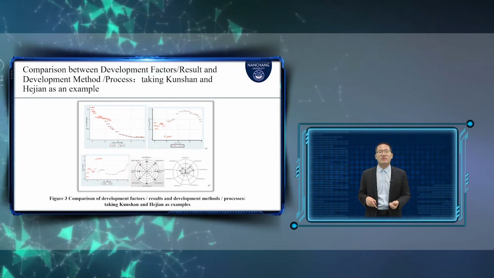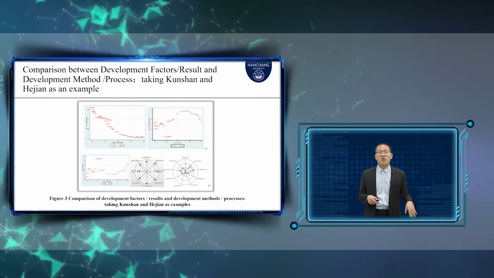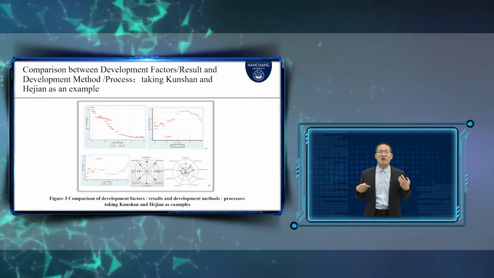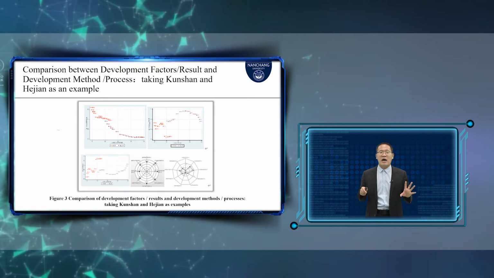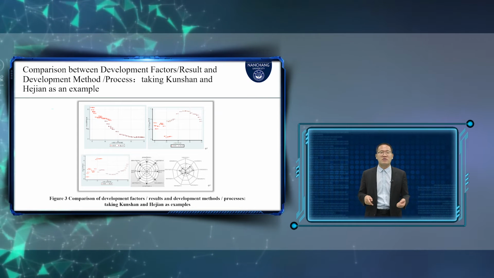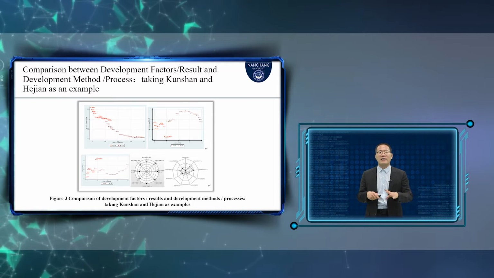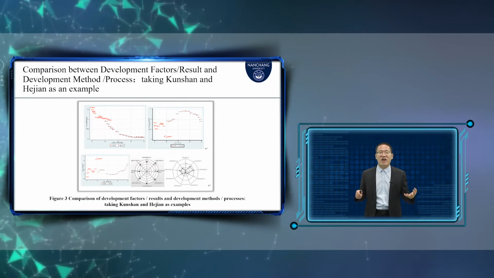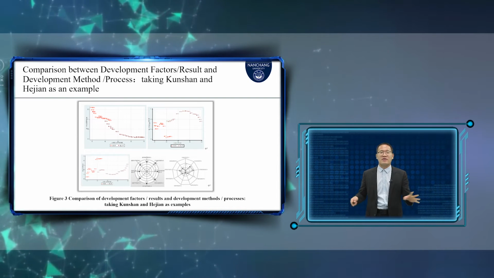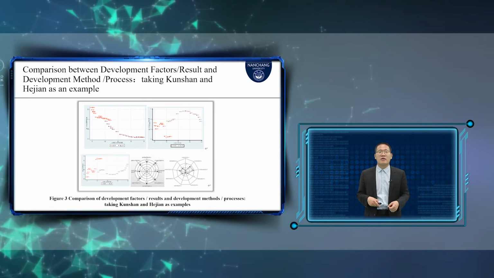However, we believe that the key is not to evaluate the performance of each county's economic development. Performance is the result, but depends on how to achieve the performance. Approach is the process. The fundamental reason why Kunshan ranks top among all counties is that it has realized the continuous transformation and upgrading favored by the new structural economics, while Hejian is still on the way of continuous transformation.